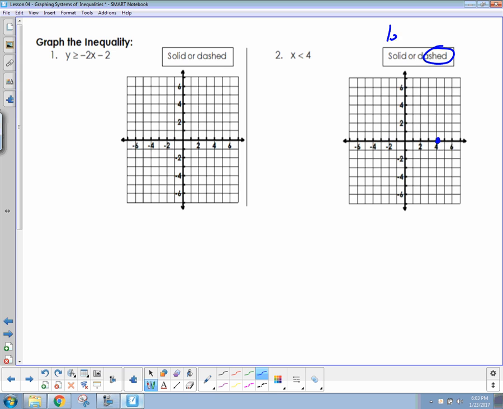You really can't say above or below because there's no above or below with this one. It's either less than or greater than. So we need to shade everything to the left. My line should still be dotted from before, and it is. So draw my arrows, shade to the left.